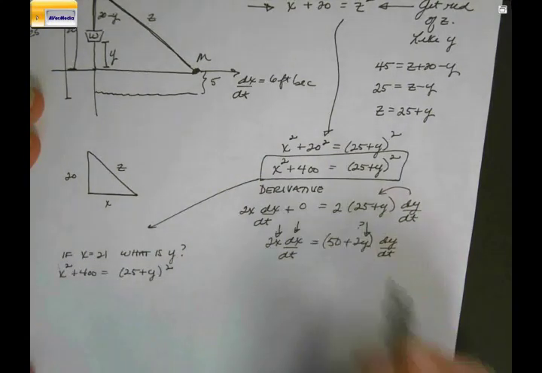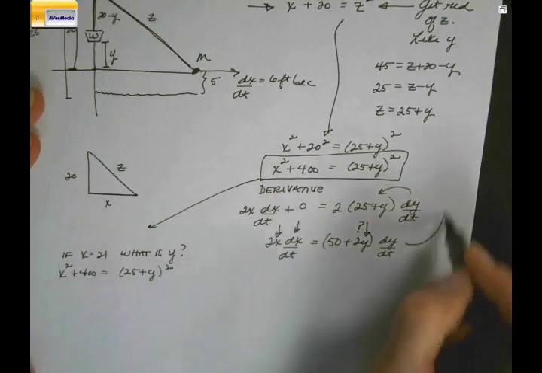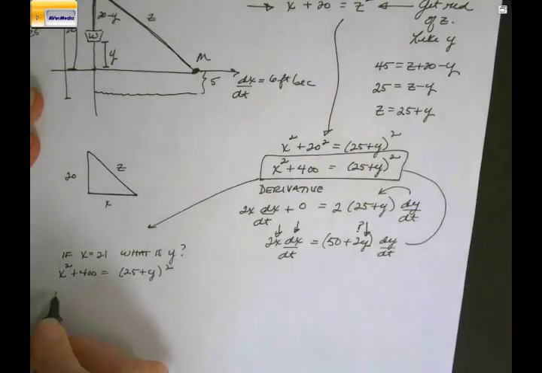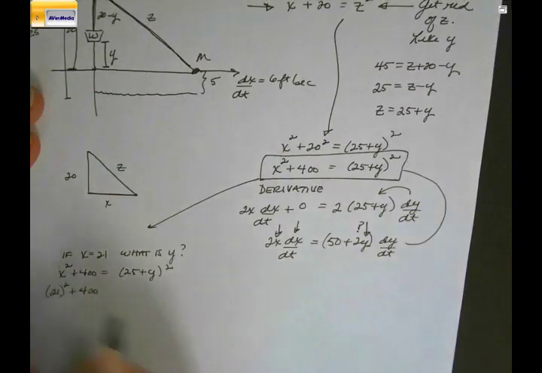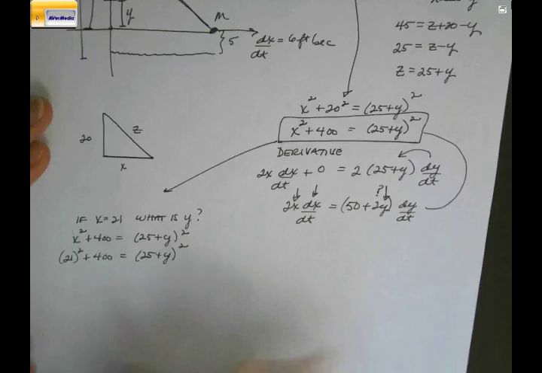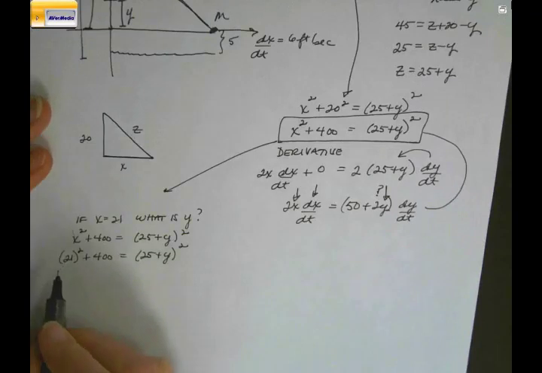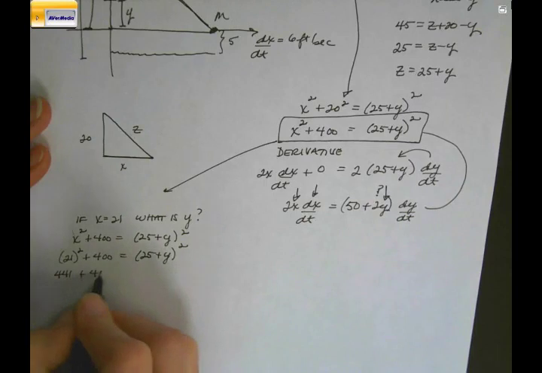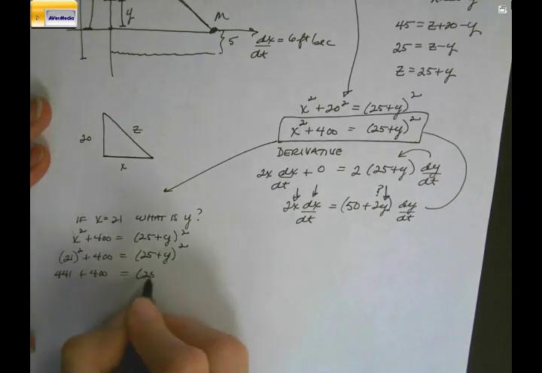We're missing that y. So x is 21, so we get 21 squared plus 400 equaling this 25 plus y squared. Let's not do anything with that; leave it alone. 21 squared is something big. So this is 441 plus 400.